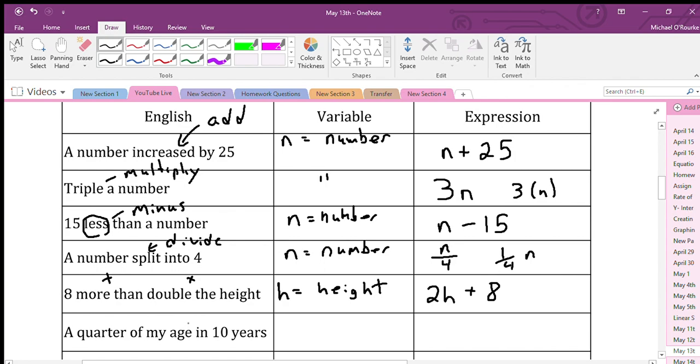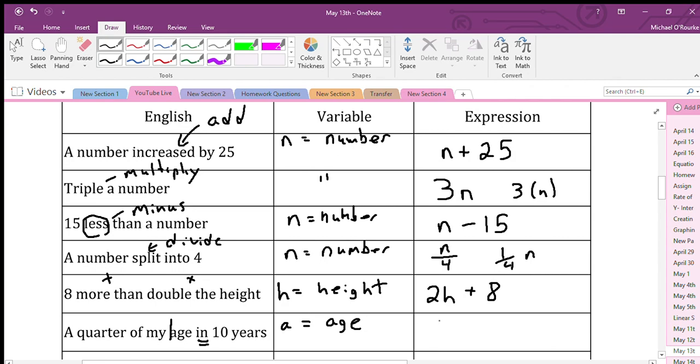A quarter of my age in 10 years. So let's go A equals age. The key phrase here is in 10 years, so let's do that part first. What's my age in 10 years?